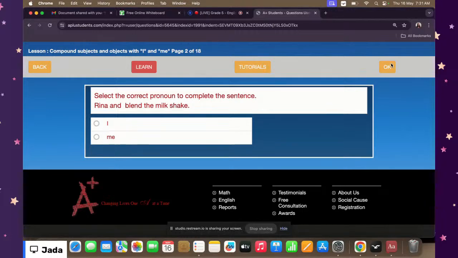Rena and dash blend the milkshake. So is it Rena and me blend the milkshake, or Rena and I blend the milkshake? Choose the right one here. Rena and me or Rena and I?